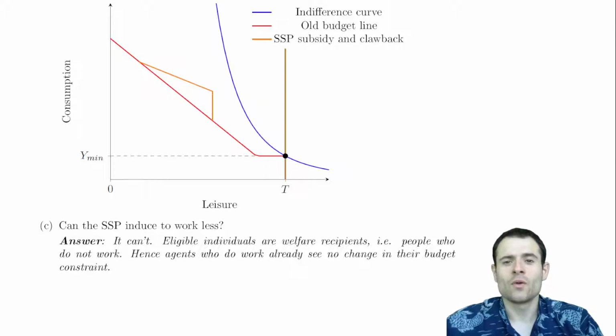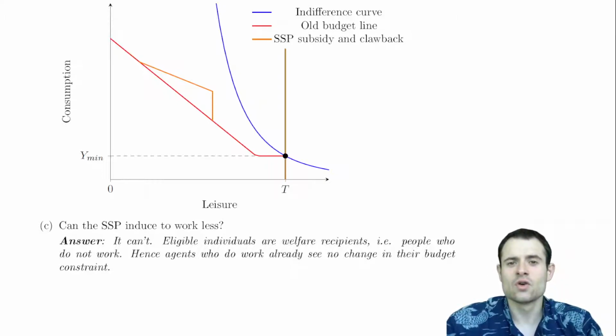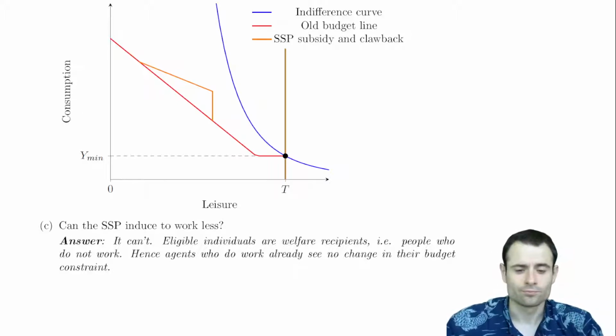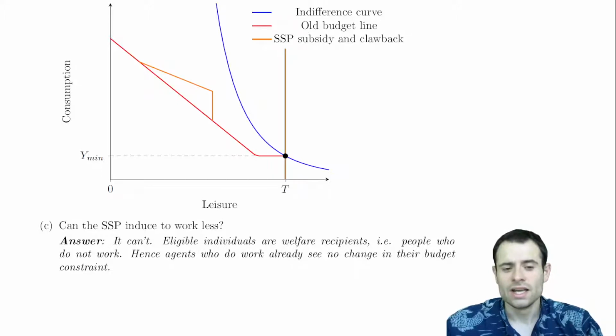The main question is always, how much does it cost relative to how much are the benefits? At least here, it does not induce people to work less, so any money spent will be money spent on somebody who will have started working.